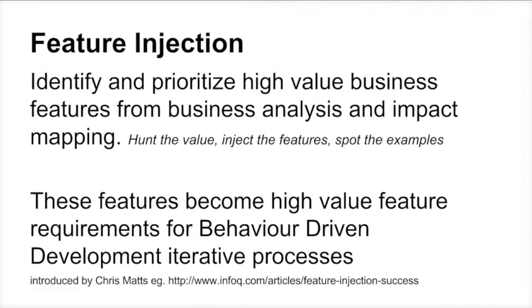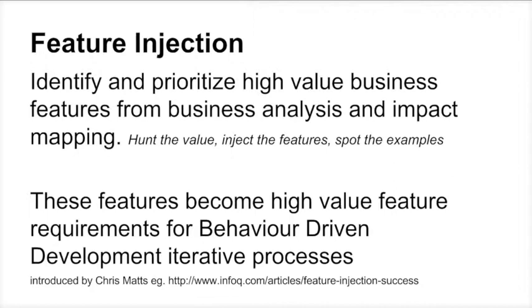So from that process, there's another somewhat formal process that has been identified by someone named Chris Matz. There's a link there. And that is to identify and prioritize the high-value business features from the previous steps.